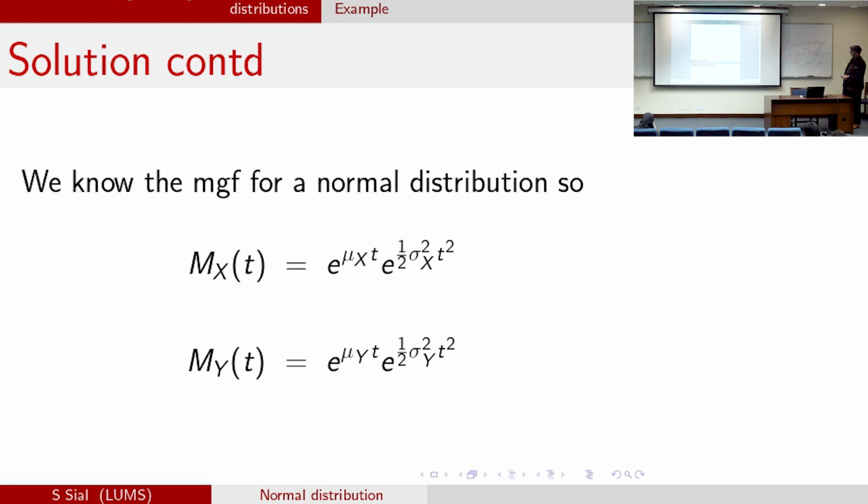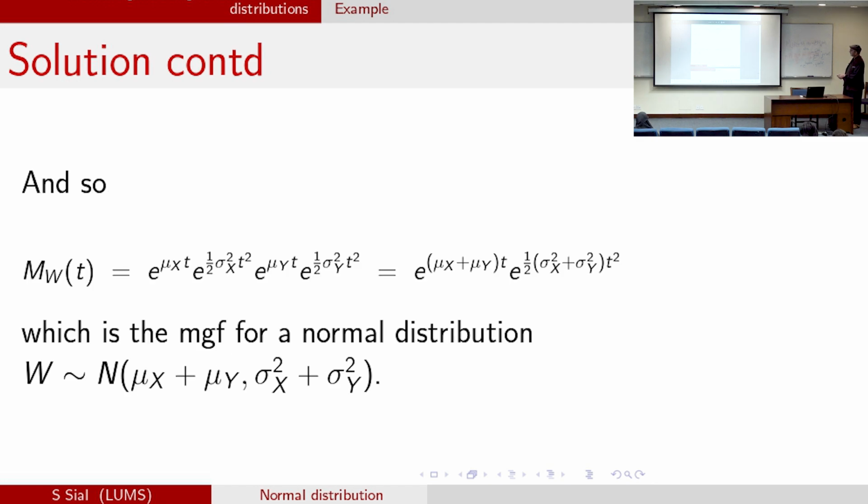So the MGF for x plus y is this right-hand side times this right-hand side. I put them together. Now I group the terms e to the mu x t and e to the mu y t, and e to the 1/2 variance of x t squared and e to the 1/2 variance of y t squared, I put those terms together.